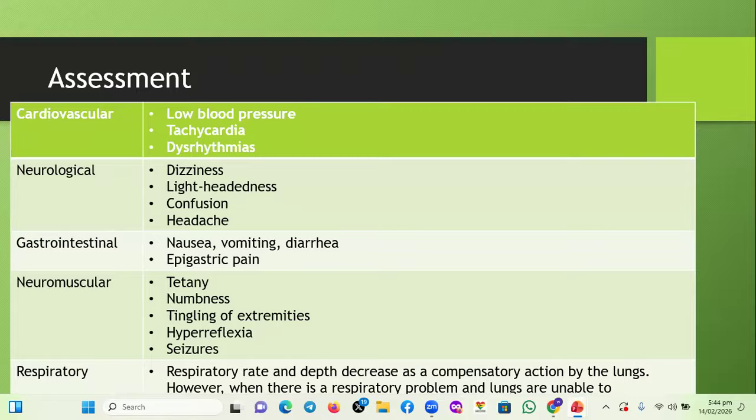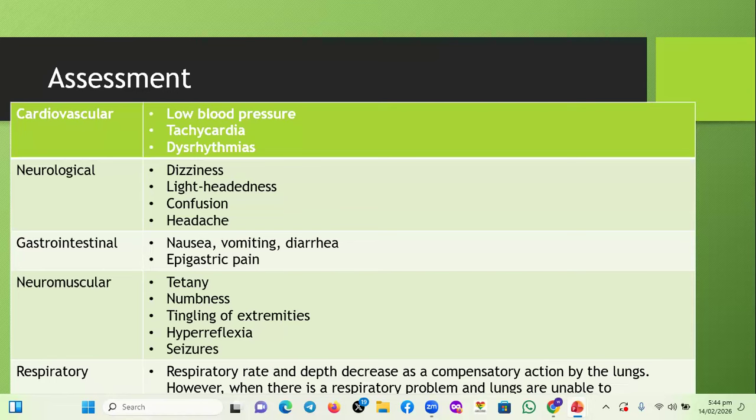We have the respiratory system. So the respiratory rate and depth would decrease as a compensatory mechanism. Under normal circumstances, if someone is having hyperventilation, the body wants to compensate, so the body will compensate by depressing the respiratory system so that the hyperventilation that is going on will reduce, so the body can retain the carbon dioxide.